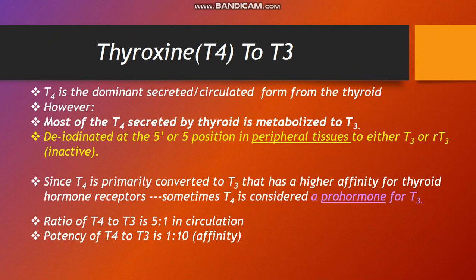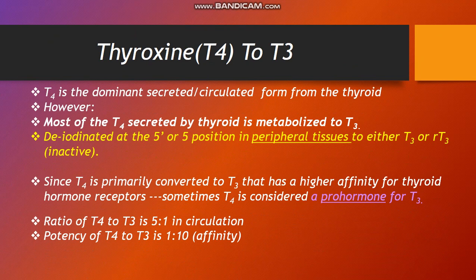Thyroxine T4 is the dominant circulating form from the thyroid. However, most of the T4 secreted by the thyroid is metabolized to T3. जैसे मैं पहले भी बता चुका हूँ कि metabolic form जो है वो T3 है. Deiodinated at the 5 or 5 prime position in the peripheral tissues to either T3 or reverse T3, which is inactive.